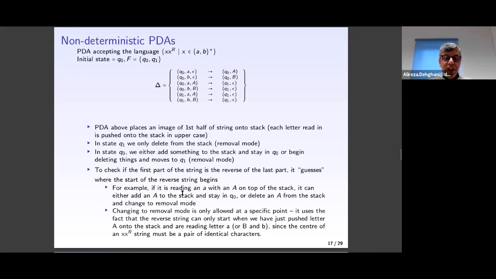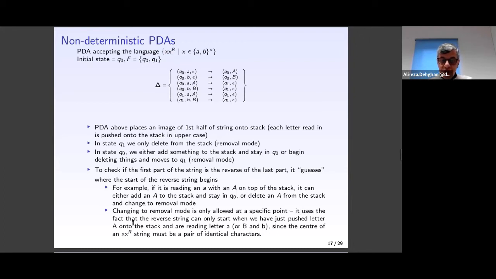For example, if it is reading an A with A on the top of the stack, it can either add an A on the stack and stay in Q0, or delete A from the stack and change to the removal mode. Removal mode is where we move to state Q1. Okay, changing to removal mode is only allowed at a specific point.